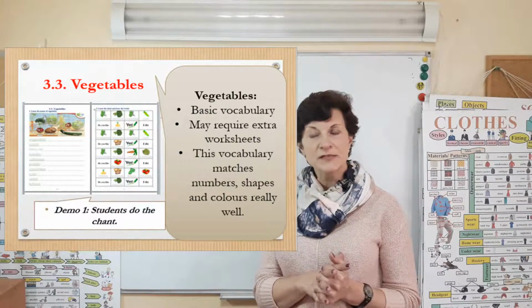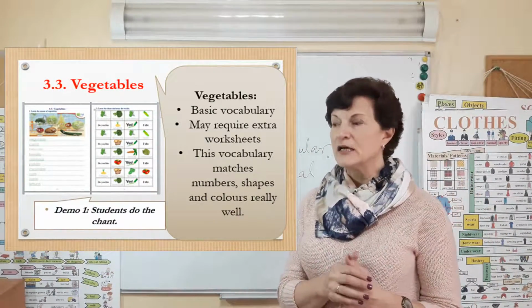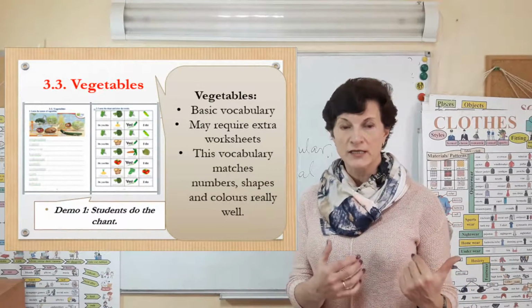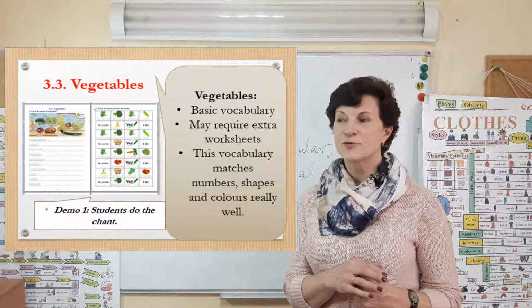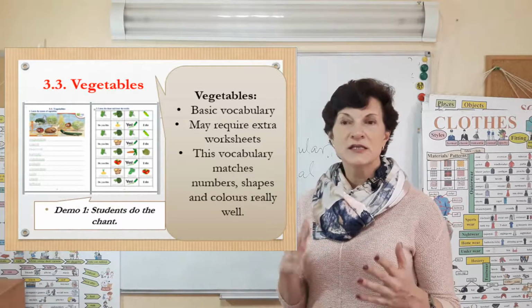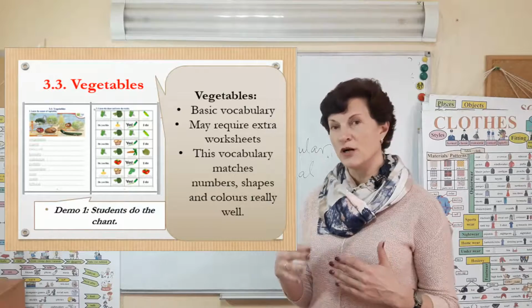Again, vegetables as a vocabulary may require extra worksheets. This is not a topic that is learned quickly, but owing to the chant that you will hear how our students do, the kids learn it much better. So please watch how they do the chant.